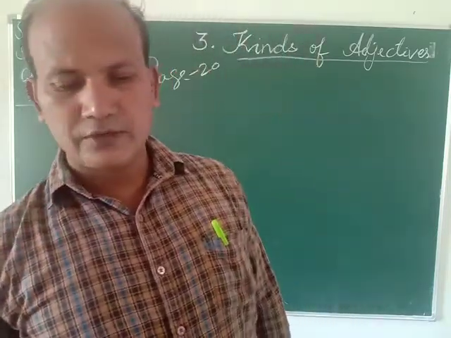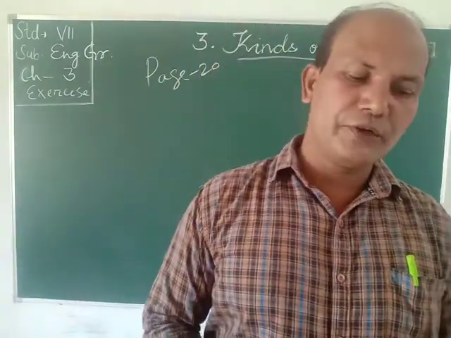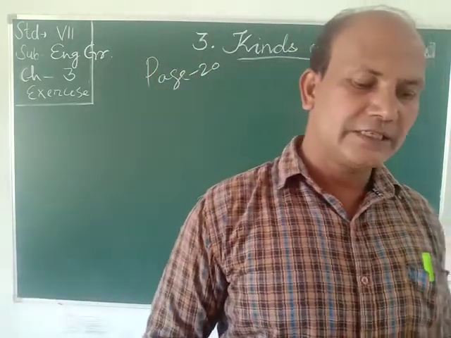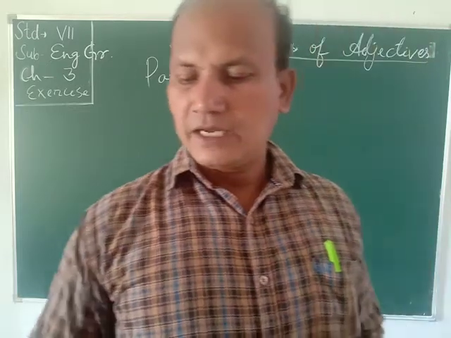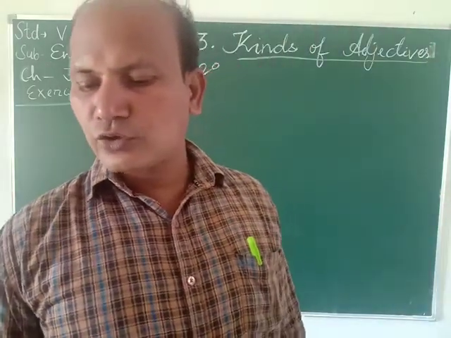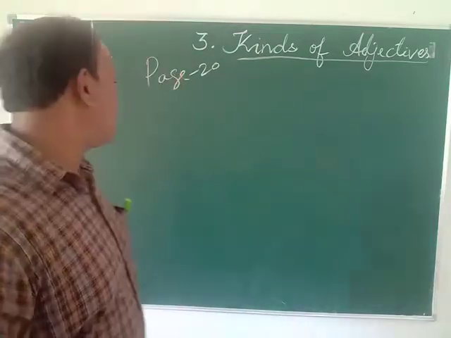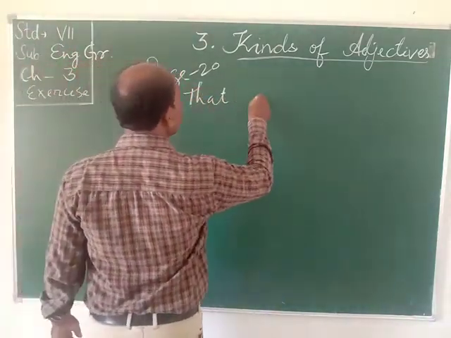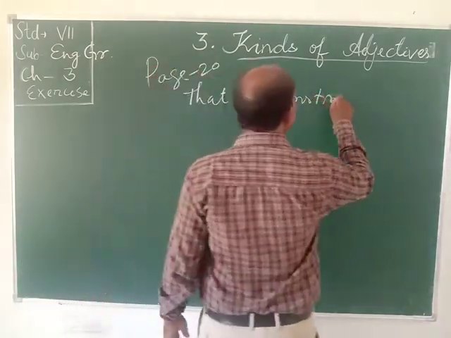So students, now B number, let's discuss. Read this passage from The Open Window by Saki. Underline the adjectives and identify the kind. Okay, let's read. Out through that window. That is demonstrative adjective. Demonstrative.